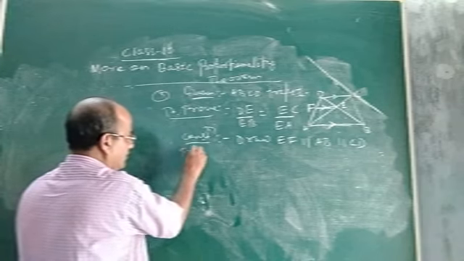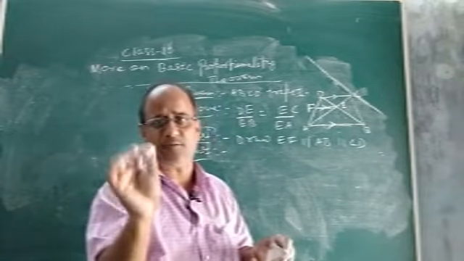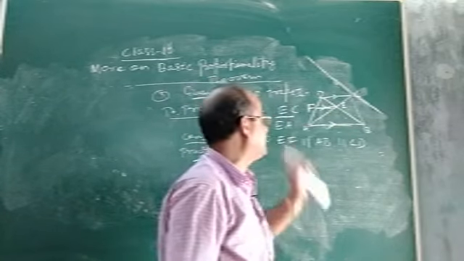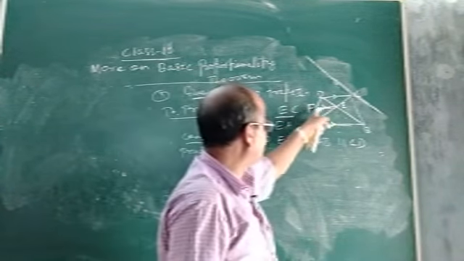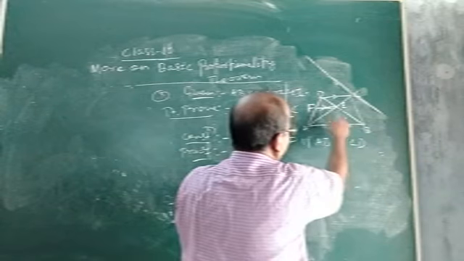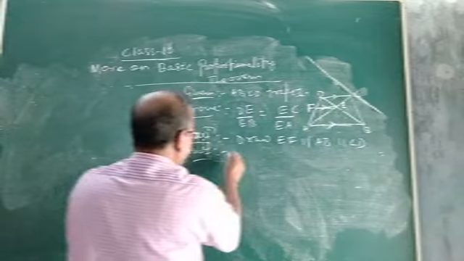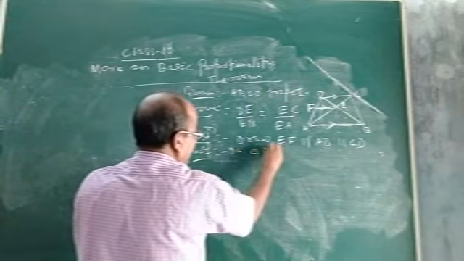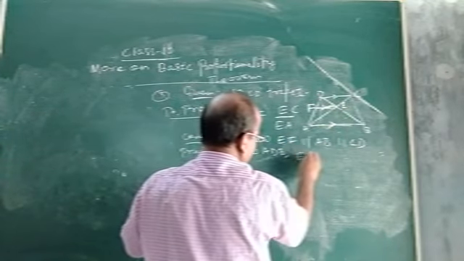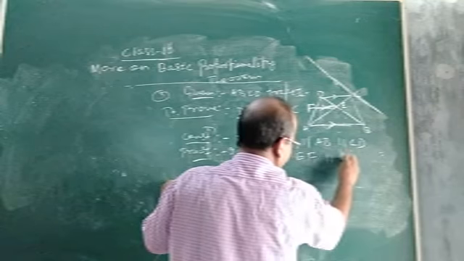Now the proof part. Our aim is to prove that the two diagonals of a trapezium divide each other proportionally, that is, DE by EB will be equal to EC by EA. How to prove? See children, when we took this parallel, EF is parallel to AB, and EF is also parallel to CD. Now consider triangle ADB. In triangle ADB, EF is parallel to AB.